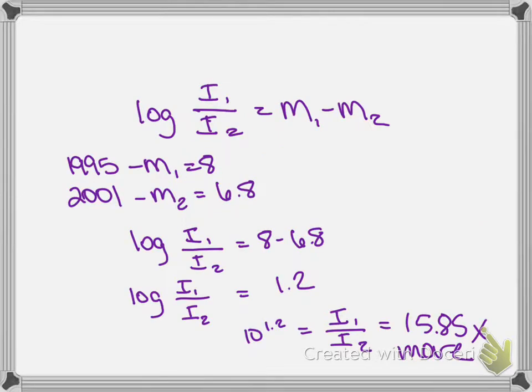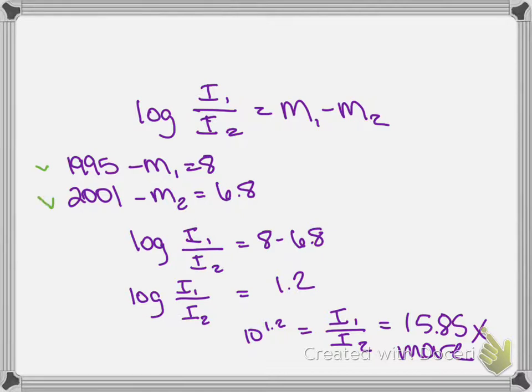Here's a problem that you have in your notes where it talks about the intensity of earthquakes. It asks how many times more intense the earthquake in 1995 was than in 2001.